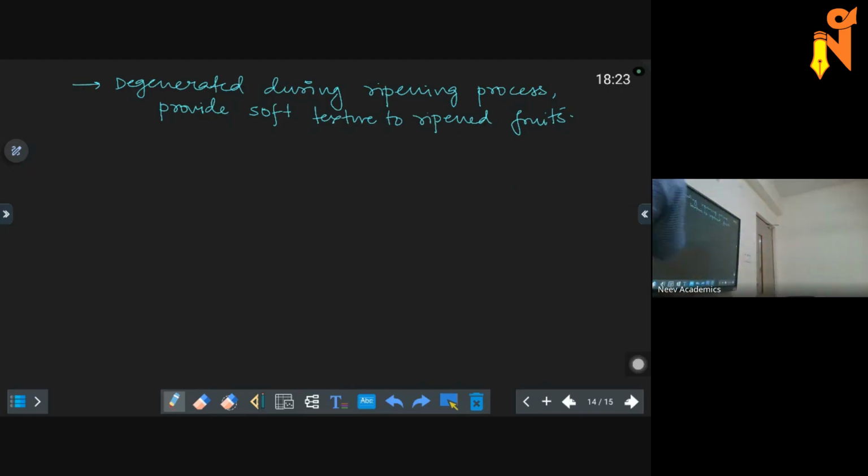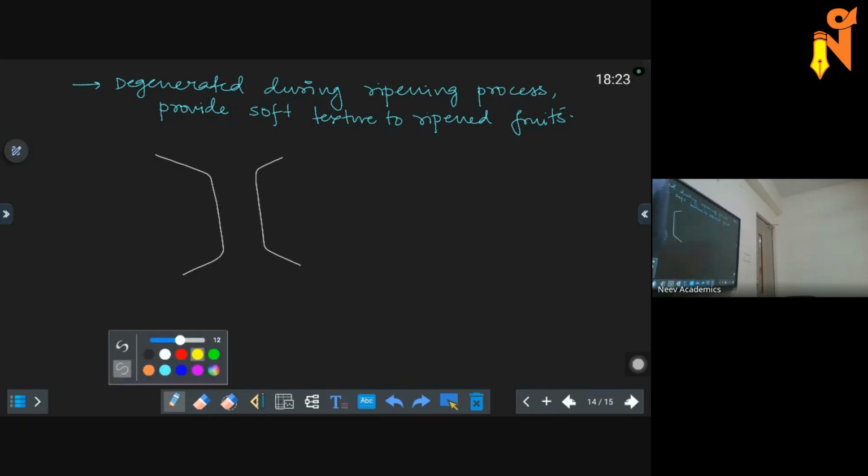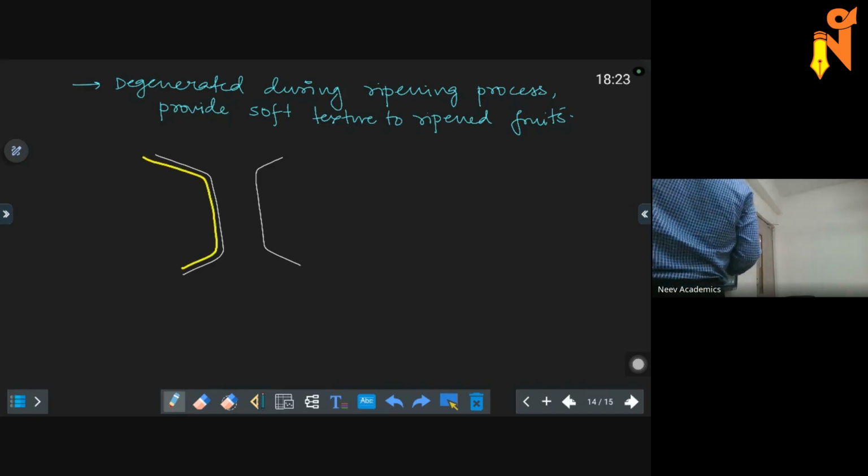If this is the secondary wall, inner to that we have the primary wall. So if the primary wall is thick, that means the cell is not completely mature.